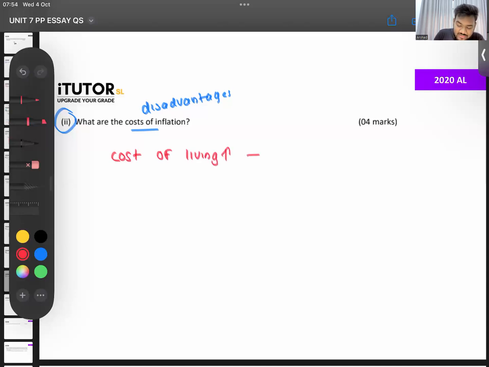As a result, what happens to your standard of living? Cost of living is expensive, so you can say as a result, the living standard has come down.